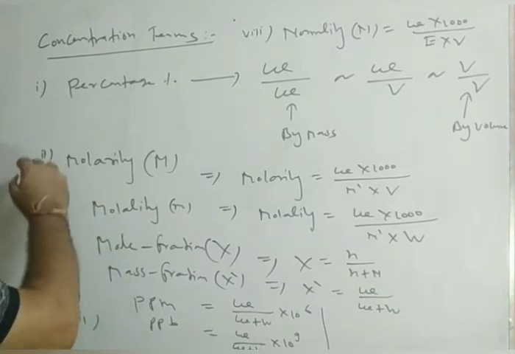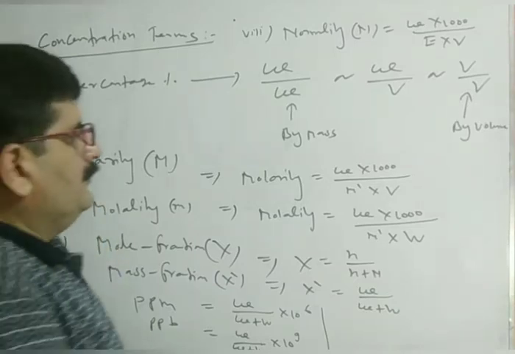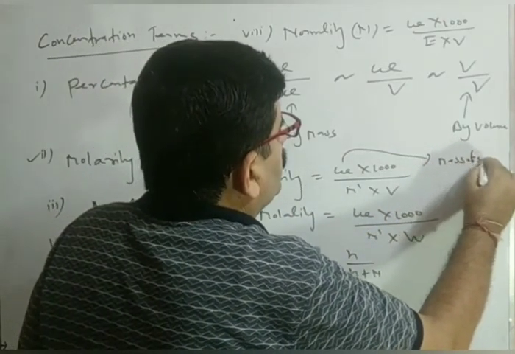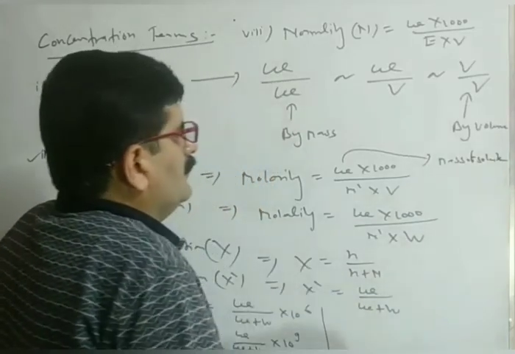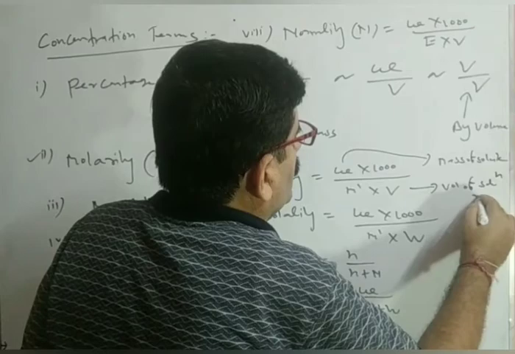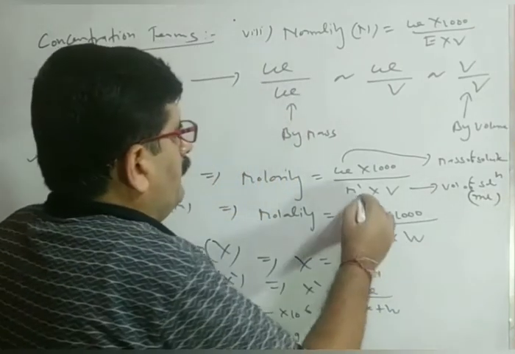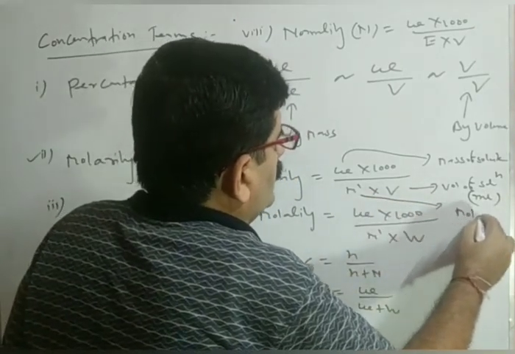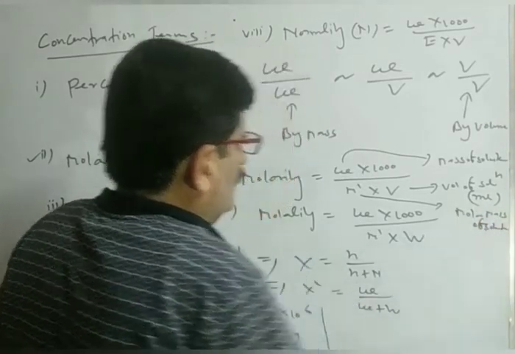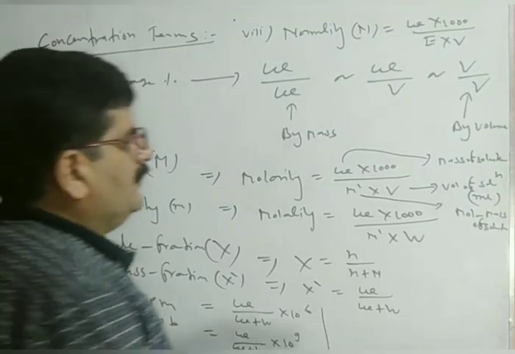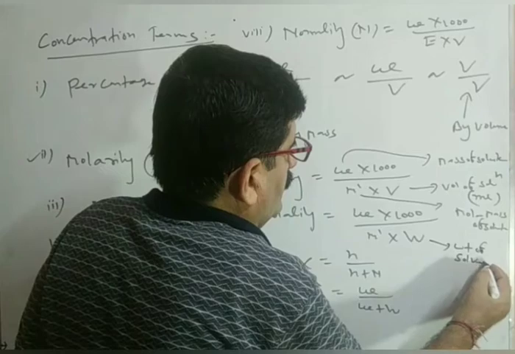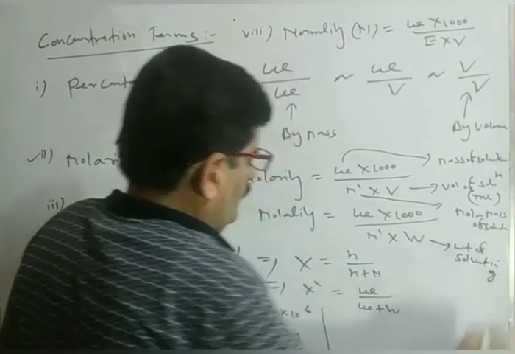In our molarity, this term is known as what? Mass of solute. This is volume of solution in milliliter. M dash is equal to molar mass of solute. Here weight of solvent in gram.